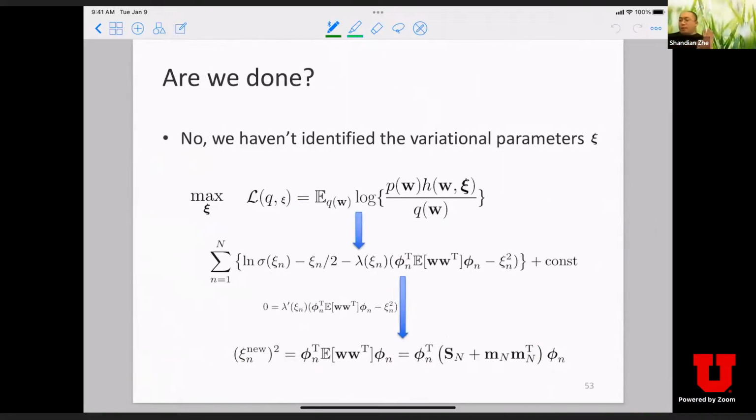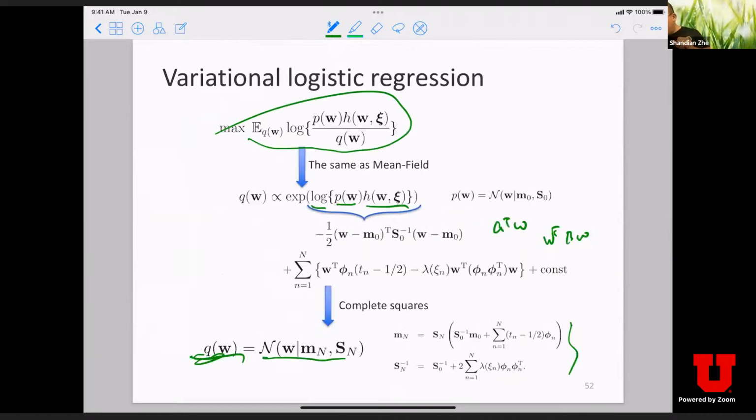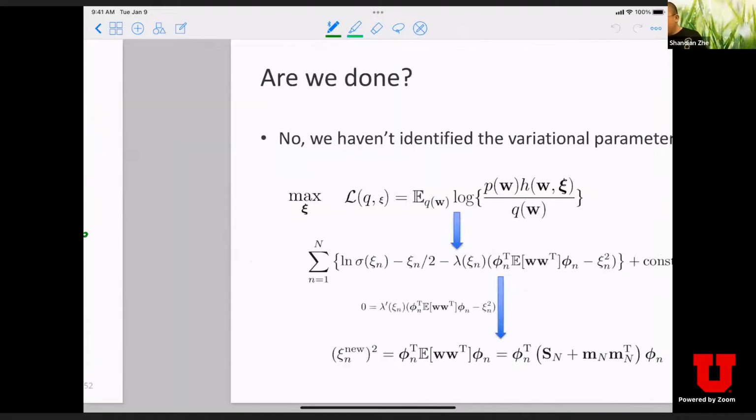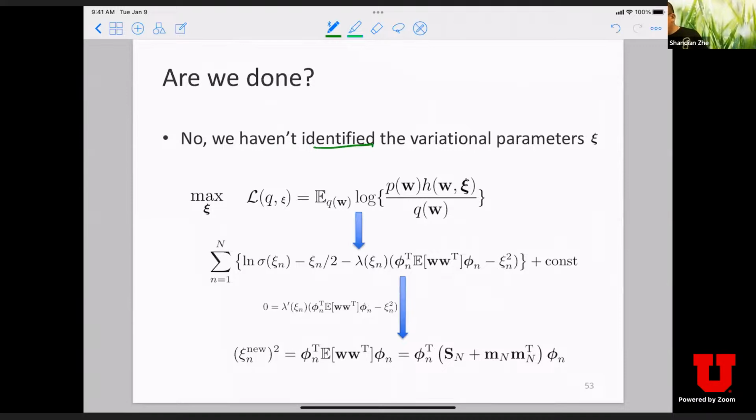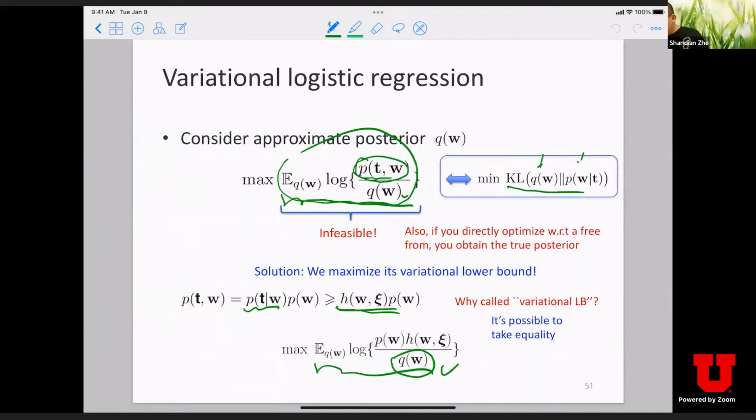But the problem is that we know the optimal form of Q of W given this new evidence lower bound will be a Gaussian, but we have yet to identify the variational parameters C. As we mentioned, we replace the joint distribution by its lower bound. Of course, we want this bound to be as tight as possible.